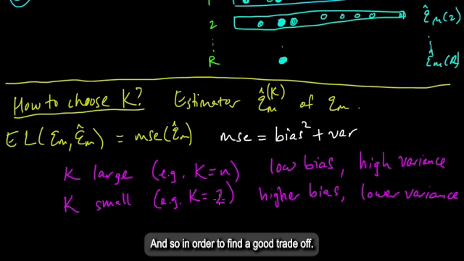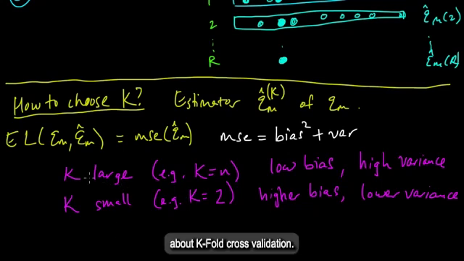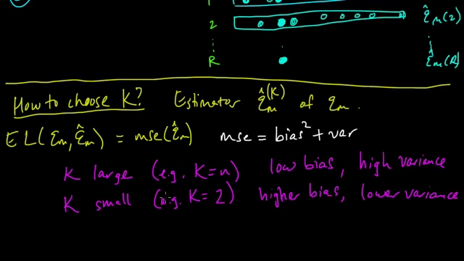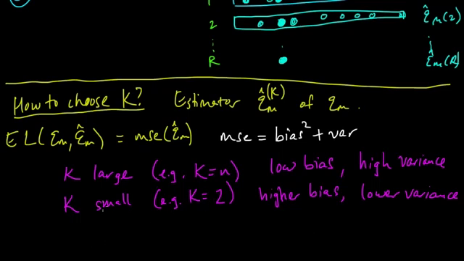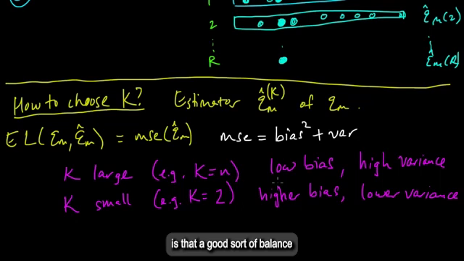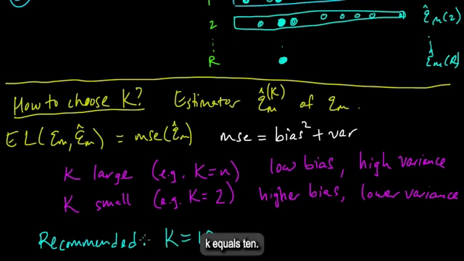And so in order to find a good trade-off, people have done lots of experiments and also theory about k-fold cross-validation. The common wisdom is that a good balance between these two is a recommended value of k equals 10.